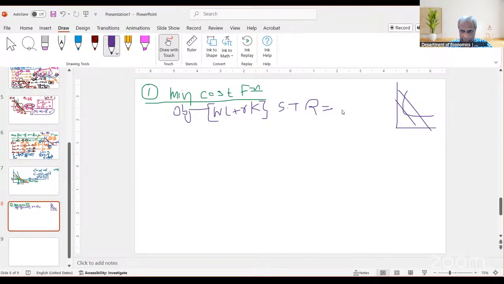So I take not a standard production function, but an example production function, like the previous one, Q equals L K. Usually the textbook starts by taking the production function as a functional form, like here, and derives from it.